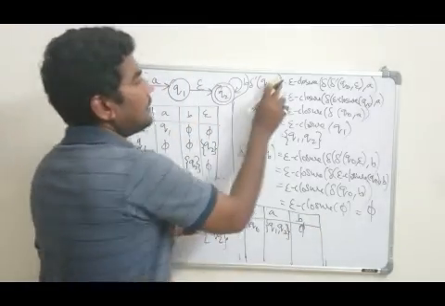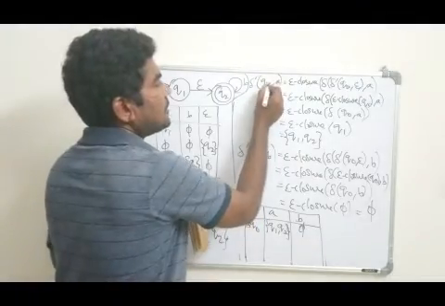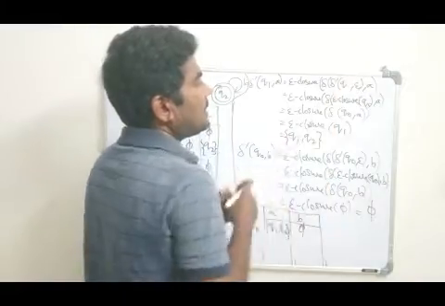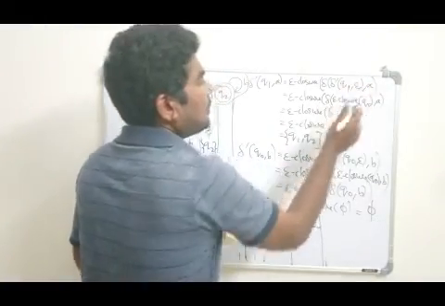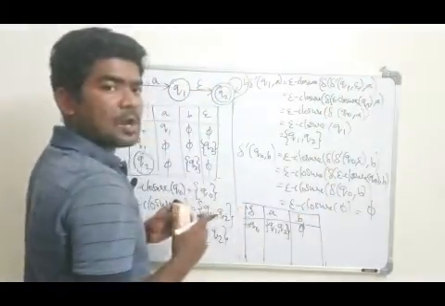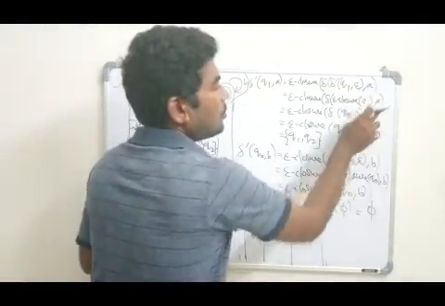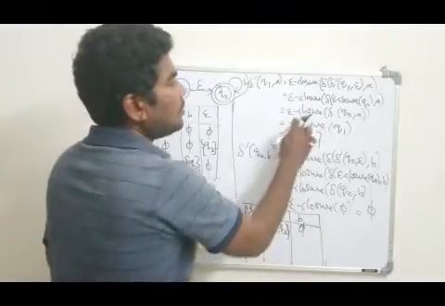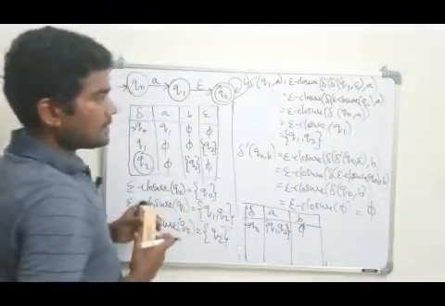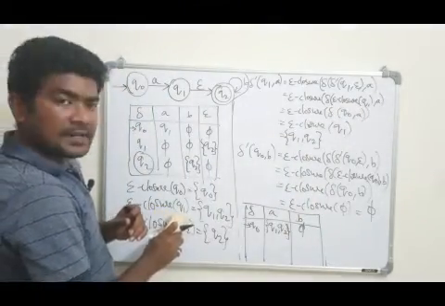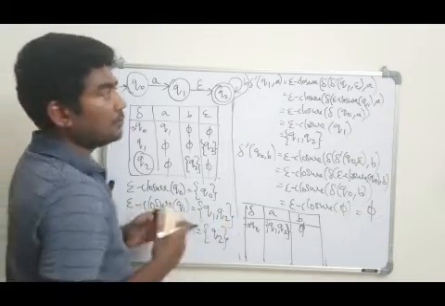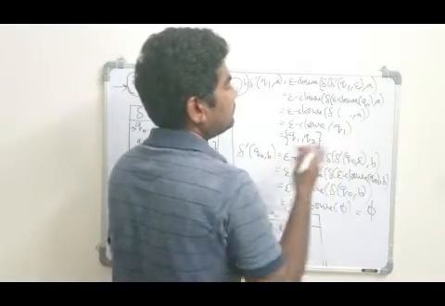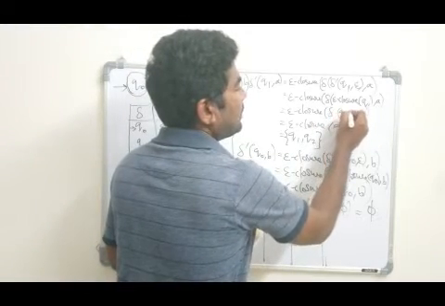Okay, now I am taking q1 comma A. You just replace q0 with q1, wherever it's q0, I am replacing with q1. Now q1 comma epsilon is epsilon closure of q1. Epsilon closure of q1 is q1 comma q2. So here it will become q1 comma q2.